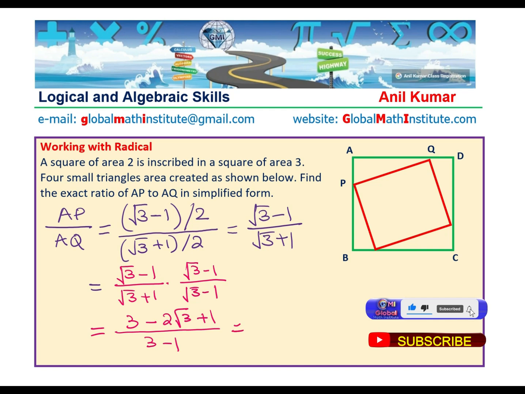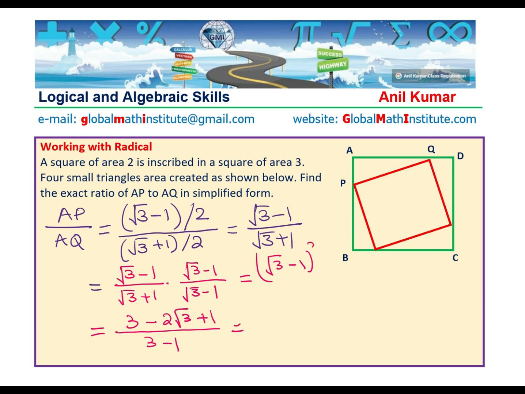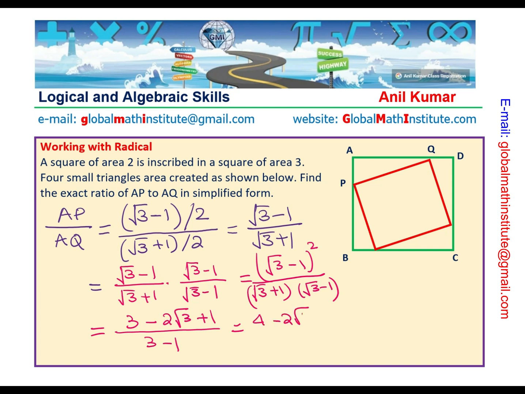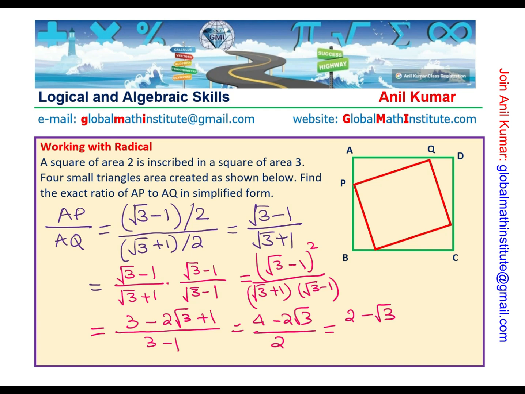So it is square root 3 minus 1 whole square over square root 3 plus 1 times square root 3 minus 1. So a difference of squares in the denominator and a perfect square in the numerator. Great. So 3 plus 1 is 4, minus 2 square root 3, over 3 minus 1, which is 2. Dividing by 2, we get 2 minus square root 3. So 2 minus square root 3 is the ratio of AP to AQ.